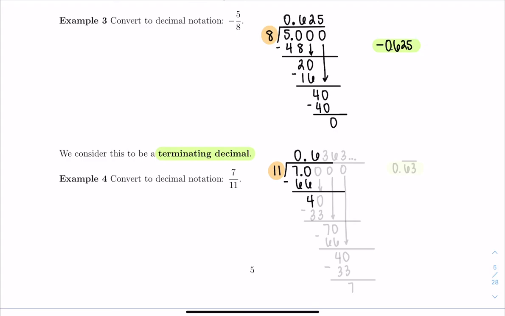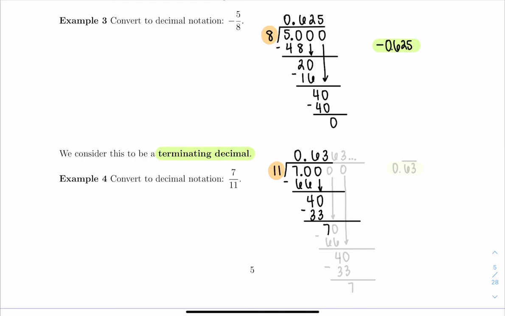So we're going to draw another 0 and bring it down. And we start over. 11 goes into 40 3 times. And 11 times 3 is 33. And 40 minus 33 is 7.